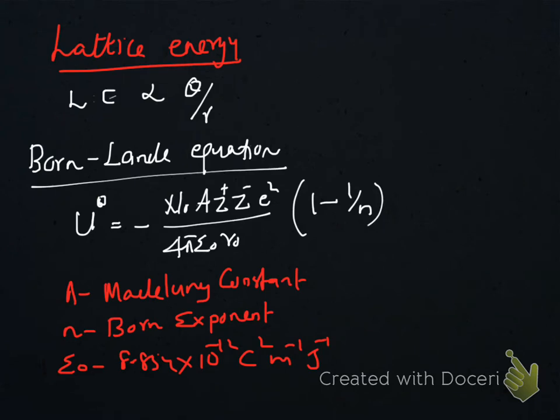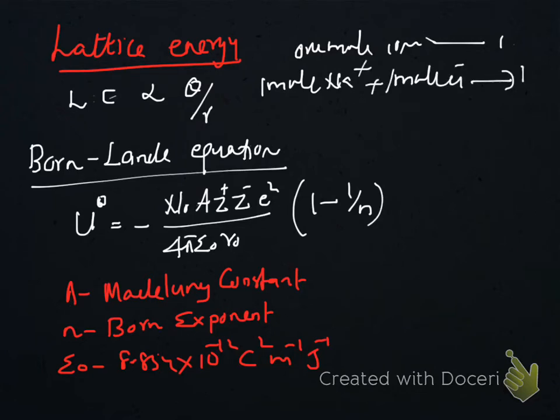Now, lattice energy. What is lattice energy? It is the amount of energy released when 1 mole of an ionic compound is formed from its constituent ions. 1 mole NaCl can be formed from 1 mole Na+ and 1 mole Cl-. 1 mole Na+ and 1 mole Cl- gives 1 mole NaCl.